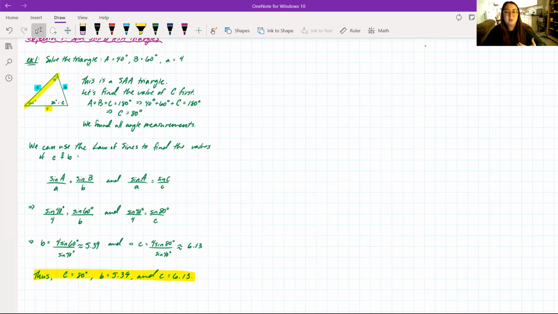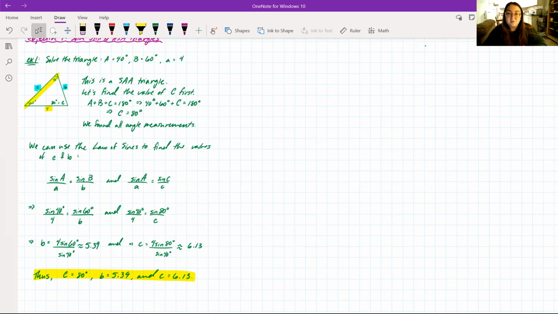So when you go to use the law of sines and you use sine of capital A divided by lowercase a is equal to sine of capital B divided by lowercase b, anything along those lines, whenever you have those equalities, if you have a whole number value, it is best to use that value. Even though we could have gone in order instead of doing them at the same time, we could have solved for the value of lowercase b maybe first, and then solved for the value of lowercase c.